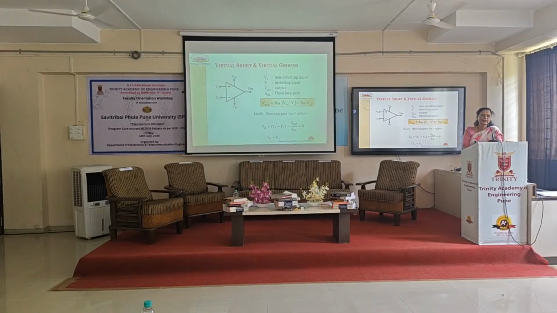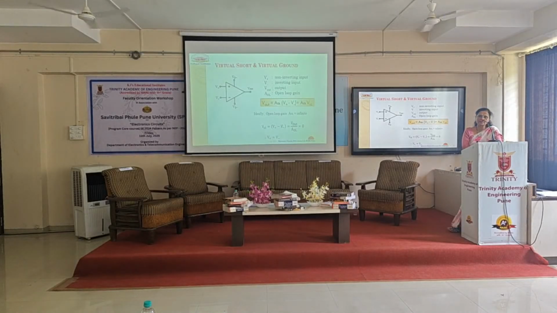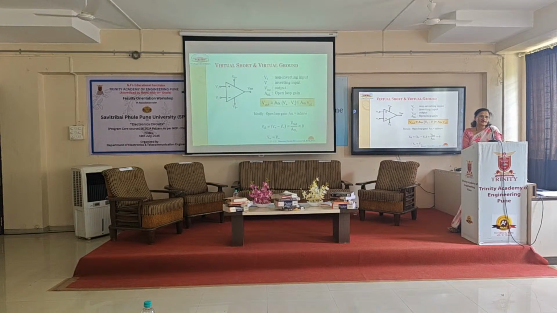Output voltage is the gain multiplied by the differential input V1 minus V2. And if the gain is very large, then V1 minus V2 is 0. If V1 minus V2 is 0, it means voltage at inverting terminal is equal to the voltage at non-inverting. This is the concept of virtual short.